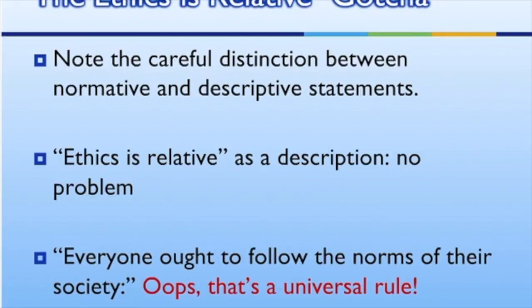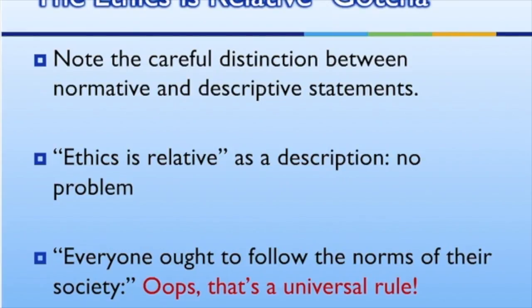Yes, indeed, different people in different cultures sometimes hold different beliefs and customs about what is right and what is wrong. But notice that I can forthrightly embrace relativism as a description, but just as quickly turn around and reject a very similar notion if that second notion is taken as a normative statement.